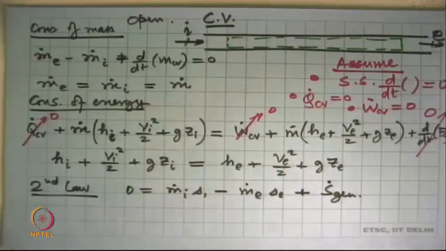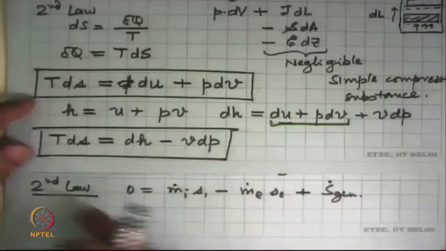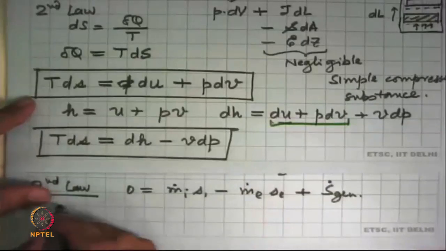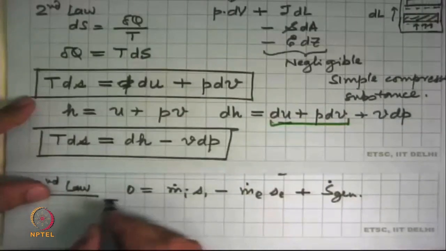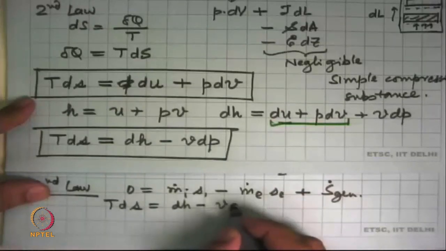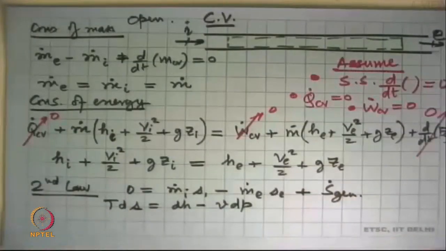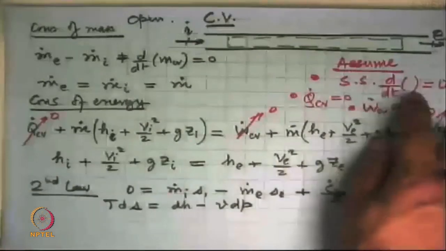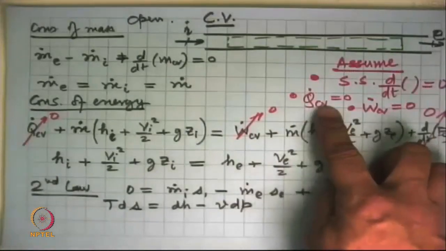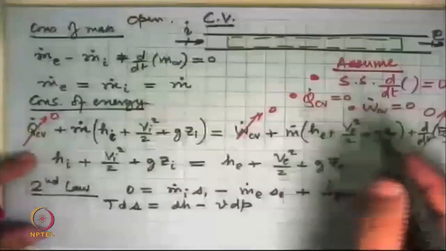And this is where we will exploit one of the equations we just wrote a few minutes back, and it is that TdS is equal to dH minus VdP. So we'll write that one and say, can I simplify it further? Look, we already assumed that Q dot CV is 0. Now let's also assume that this system is internally reversible.